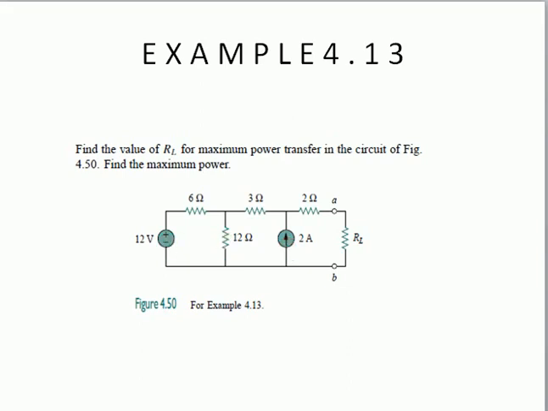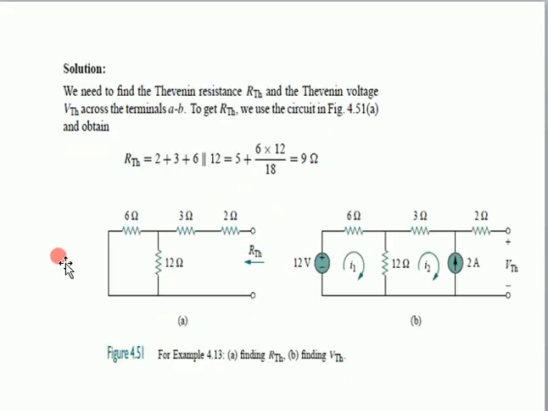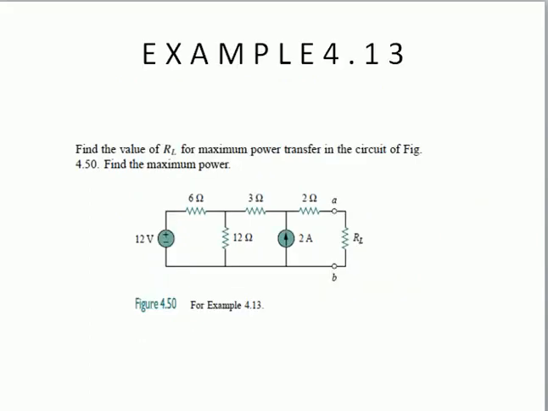So when we solve for R Thevenin, we remove the load and look at the open terminals AB. Then this 2 ohm and 3 ohm are in series with each other, while this 6 ohm and 12 ohm are in parallel with each other.